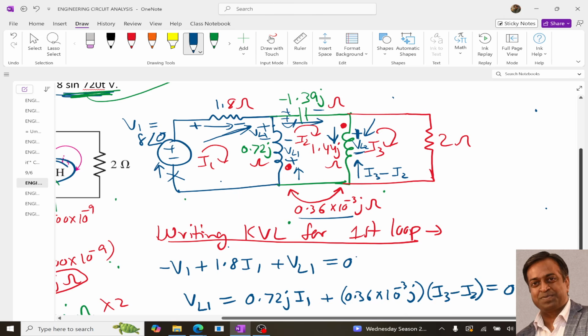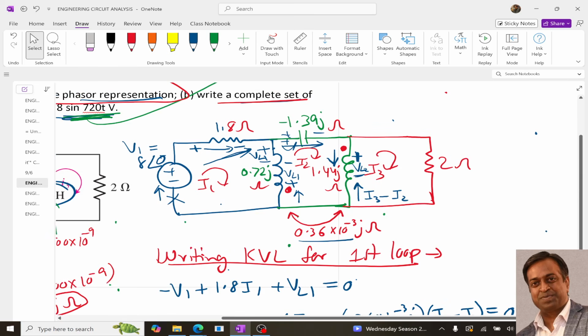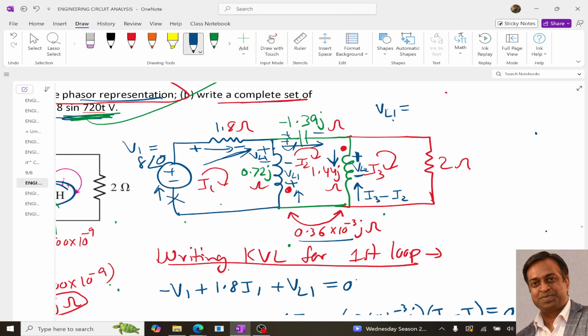Now what will be VL1? VL1 is the voltage due to self inductance as well as mutual inductance. So to calculate VL1, first it will be because of the self inductance. One current, I2, is flowing from bottom to top, and I1 is flowing from top to bottom.